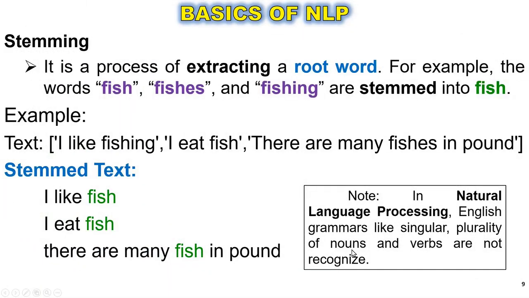Stemming is a process of extracting a root word. For example, the words fish, fishes, fishing are stemmed into fish.